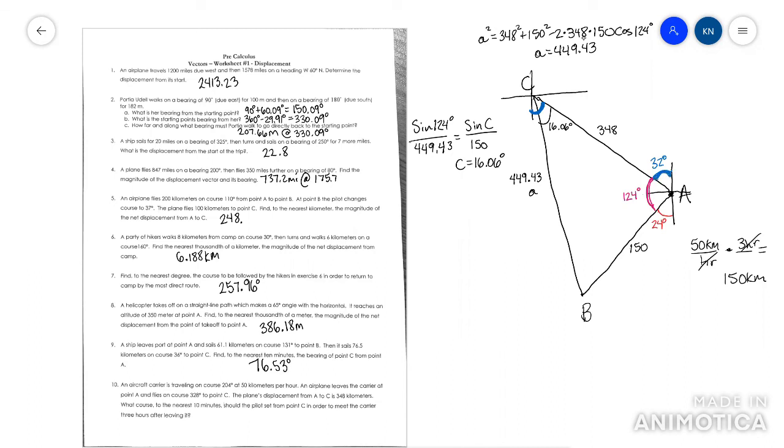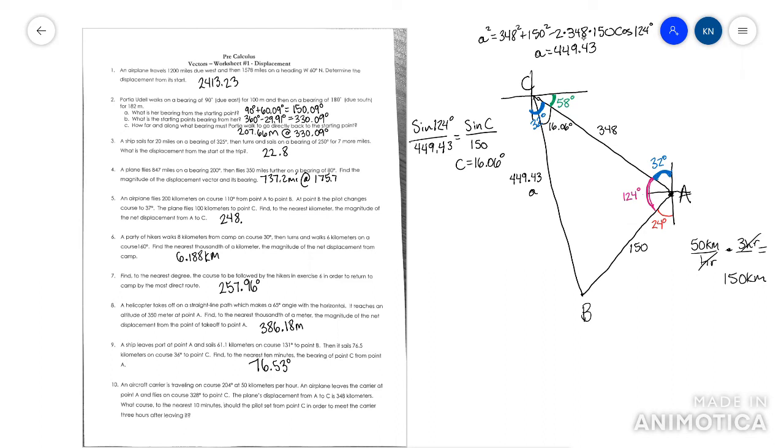So this entire blue angle is 32 degrees. The reason that's important is because it goes down to this 90-degree marker, and this whole thing has to be 90 degrees. It has to be a right angle. So what that's going to give me is this green side: 90 minus 32 is 58 degrees.